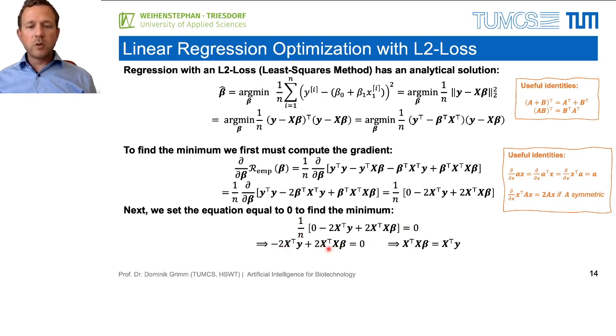Then the 2's disappear, and x transposed times x times beta equals x transposed times y. If we solve for beta, we get the solution: the estimates of beta are x transposed times x, the inverse of it, times x transposed times y. That's the estimate of our linear regression.